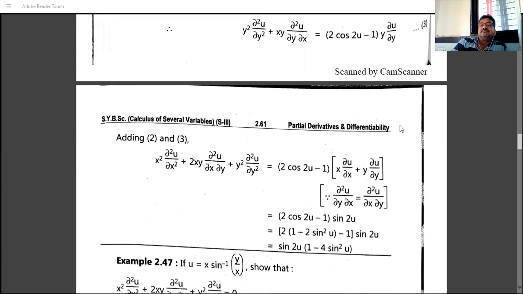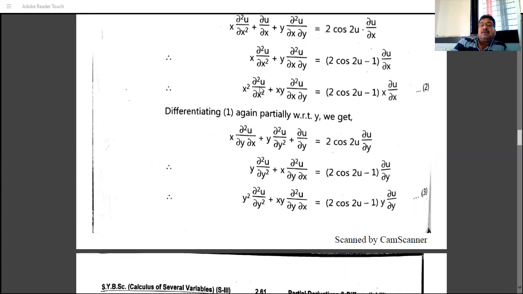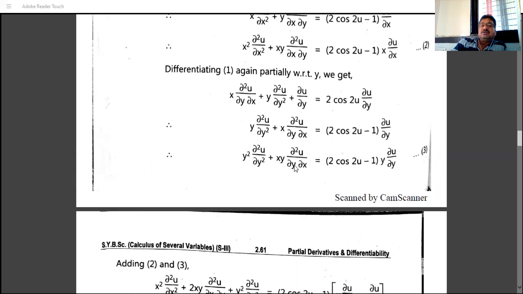Then adding 2 and 3, we have x² ∂²u/∂x² and this xy ∂²u/∂x∂y, and this xy ∂²u/∂y∂x. The addition is 2 times xy ∂²u/∂x∂y, because this function is a polynomial function, and a polynomial function is always continuous everywhere.